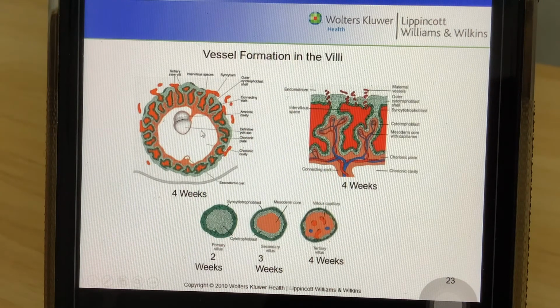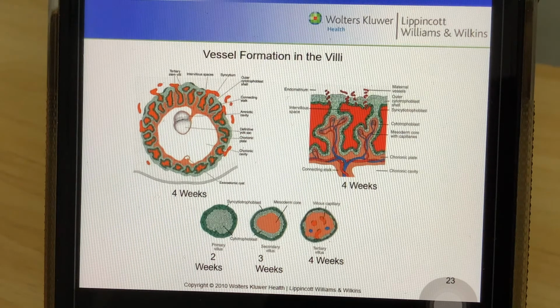So, we go to the formation of the villi at 4 to 5 weeks of development. So the cytotrophoblast continues to grow and proliferate until it breaks through the syncytiotrophoblast and creates the cytotrophoblastic shell.